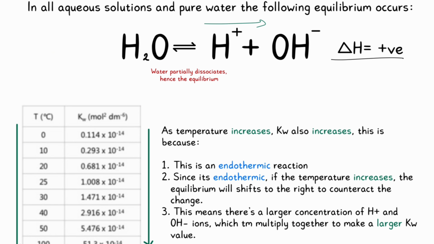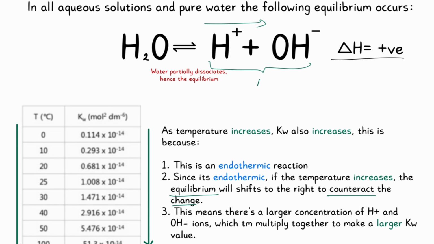Now, what is on the right hand side? On the right hand side, you have the hydroion concentration and the hydroxide ion concentration. You're favoring that side and you're increasing their concentrations. The reason why is it wants to counteract that change, the change being the increase of temperature.